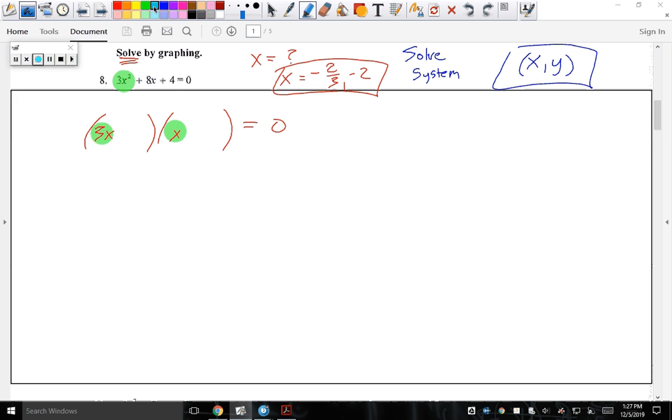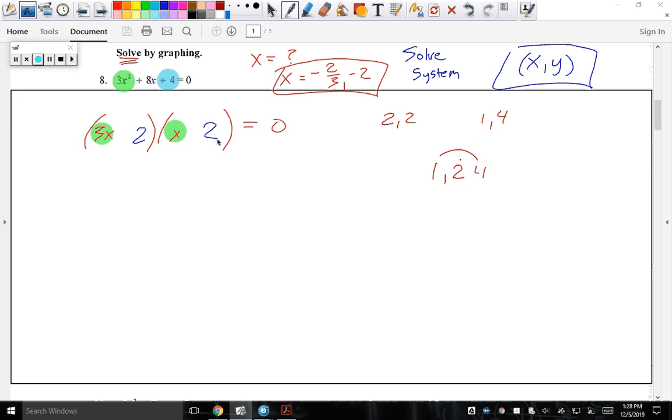Then I go to, remember this is the very first thing that we learned, then I go to 4 and I think of what two numbers can multiply to give me 4? What are they? 2 and 2, or what else? 1 and 4. Which one should we probably try first? The 2 and 2. Remember, like we did the rainbow? Work from the inside out. Okay? So we're going to try 2 and 2.